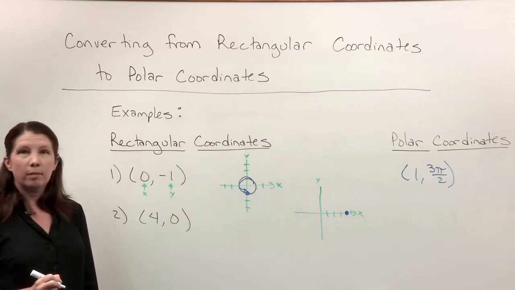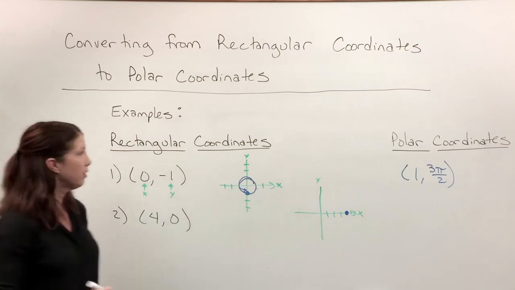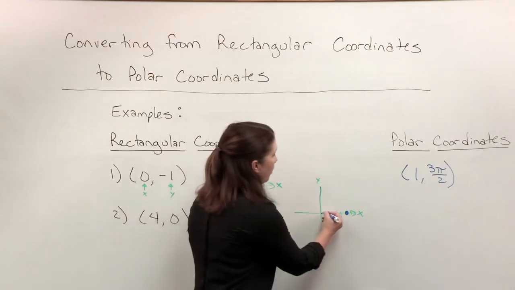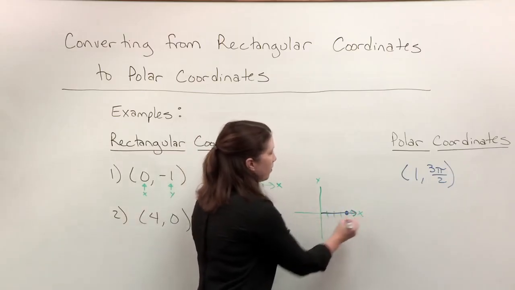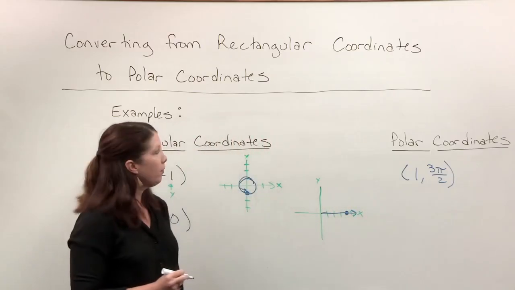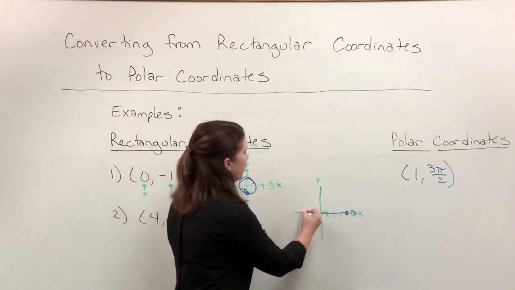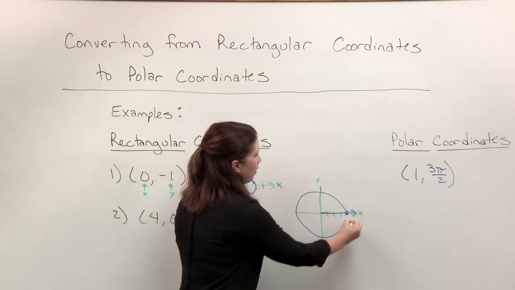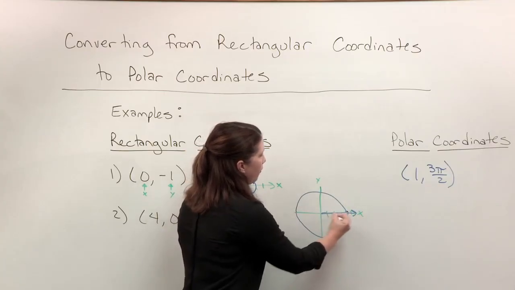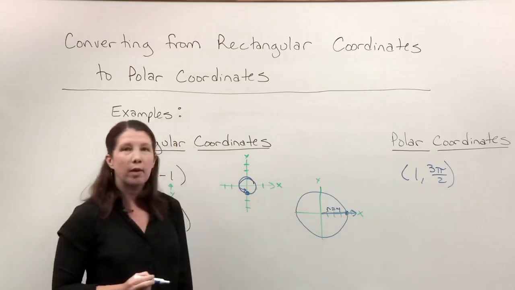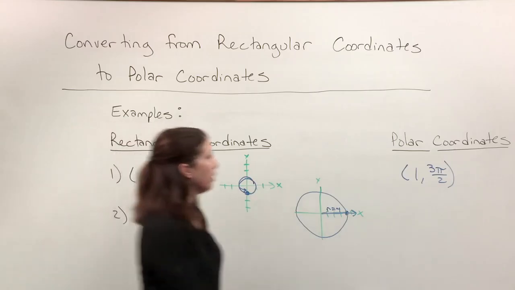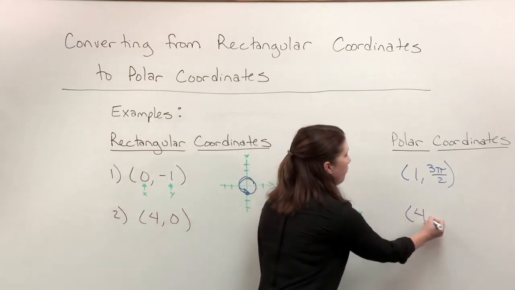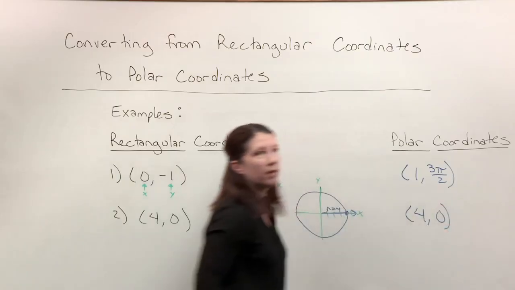Since our point lies on the positive x-axis, theta is 0 radians. And then if you think about our circles, this point would lie on a circle with a radius of 4 units. So in polar form, this point would be 4, 0.